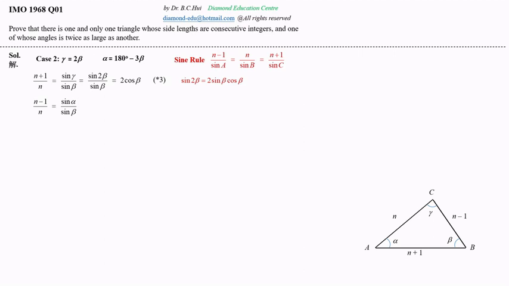Apply the sine rule again to the two other sides. n minus 1 over n equals sine alpha over sine beta. Now this becomes 4 times cosine squared beta minus 1, because alpha equals 180 degrees minus 3 beta, and sine of this angle equals sine 3 beta.